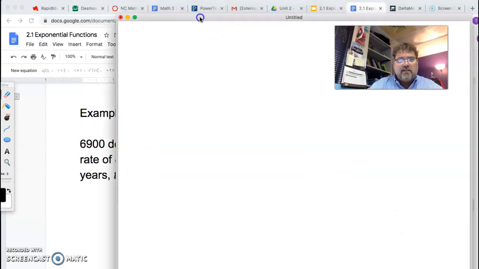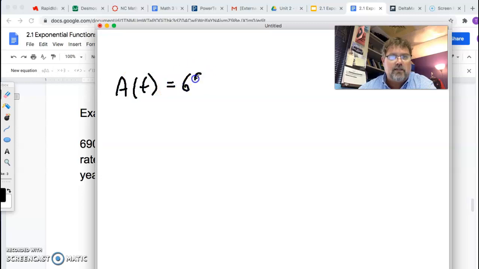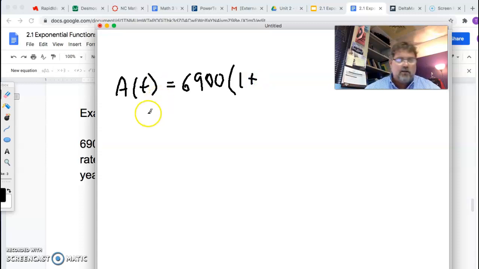All right, it says $6,900 is deposited. I'm going to say A of t. We're putting in 6,900. All right, we want 1. Now we know it's growth. How much will be in the account? I don't assume that it's taking money out of the account.